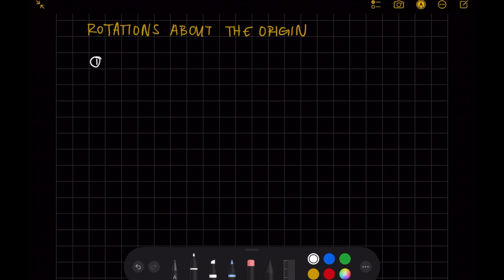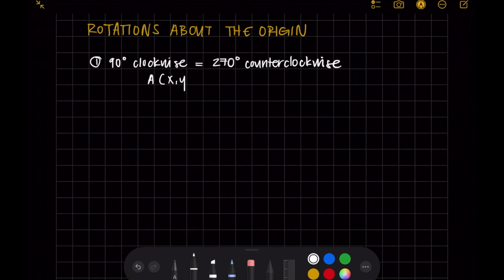First one is 90 degrees clockwise, which is the same as 270 degrees counterclockwise. Let's say that I started out with a point, let's say A, located at x, y.